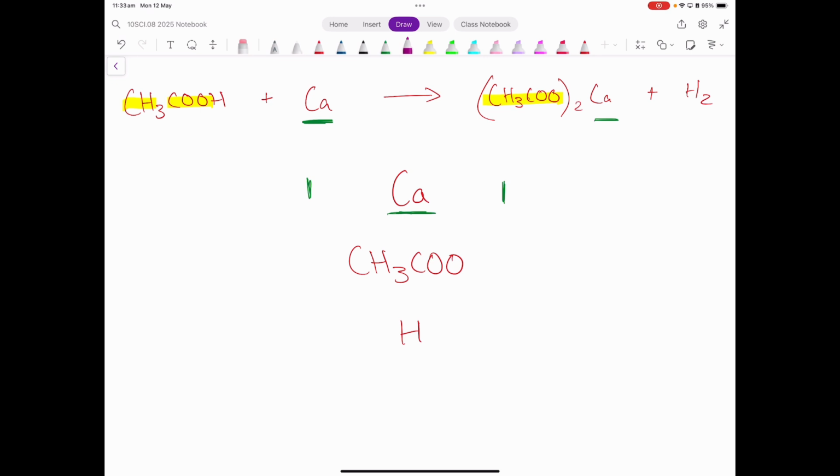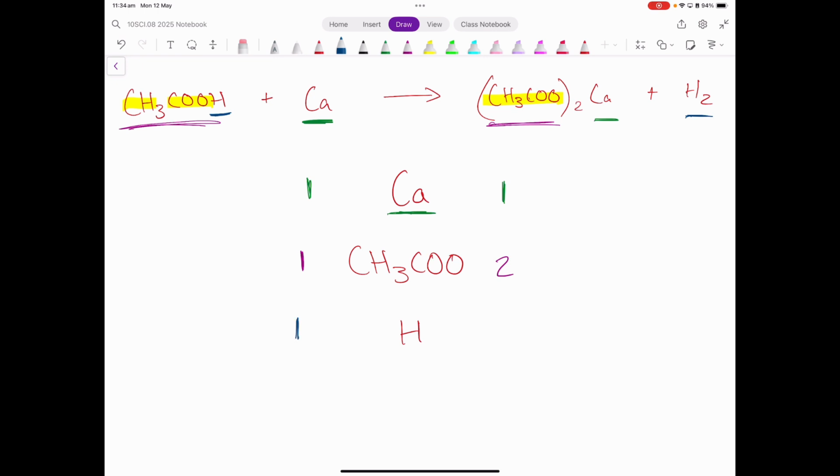So I have a look over on the left, and this is being done in yellow, but I'm going to use my purple pen now. How many do I have on the reactant side, the left-hand side? 1. And how many do I have on the product side? 2. Final thing for me, hydrogen. I'm going to use blue for hydrogen. How many hydrogens do I have on the reactant side? 1.